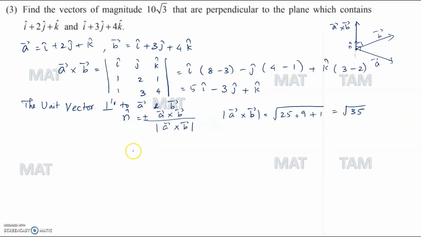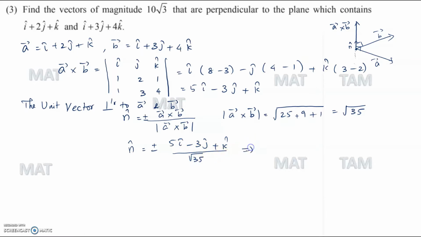So our n cap is defined as plus or minus 5 i cap minus 3 j cap plus k cap divided by square root of 35.